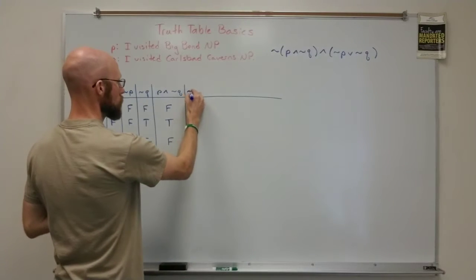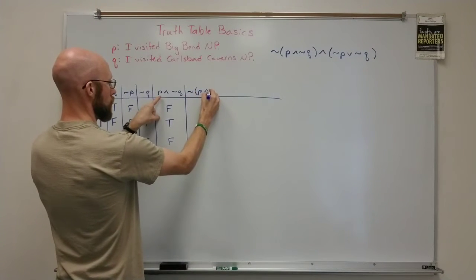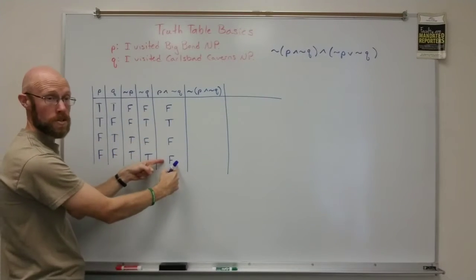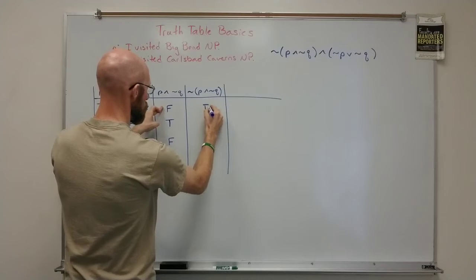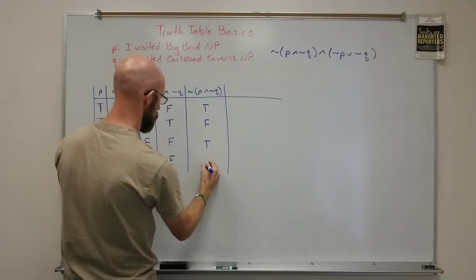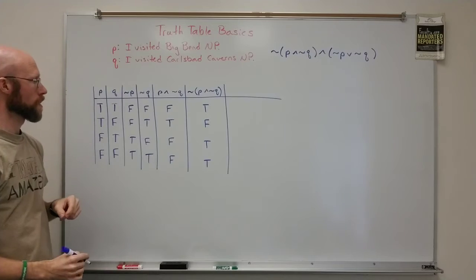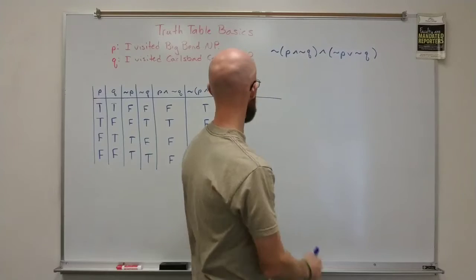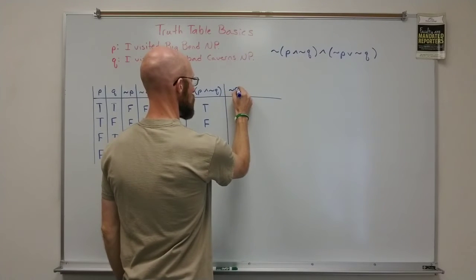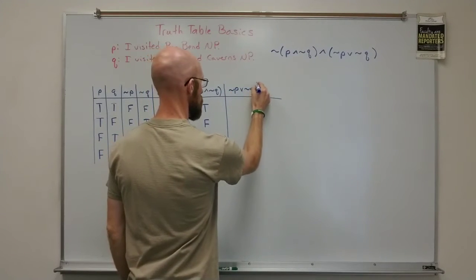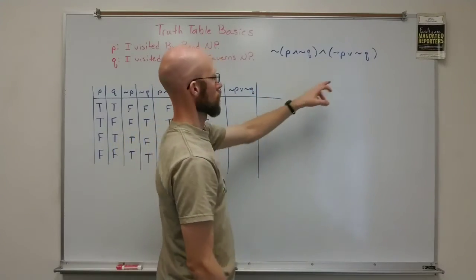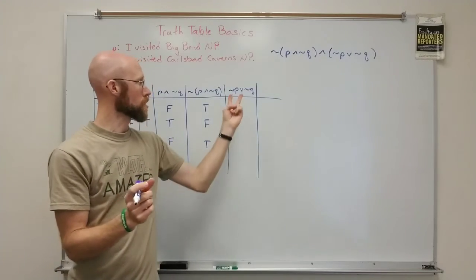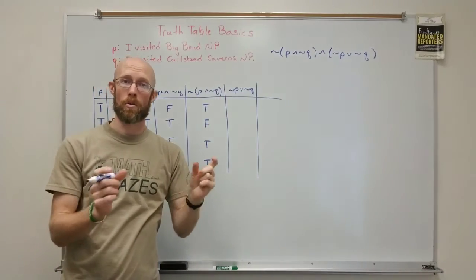All right, so now maybe it'd be pretty simple to just negate that real quick while I'm at it. So I could do the negation of P and not Q. And that's just going to be the opposite of these three. So it's going to be true, false, true, true. Then I move on to the other side. In parentheses here, I have the not P or not Q. And remember, with an or, with a disjunction, both of these simple statements have to be false in order for it to be false.